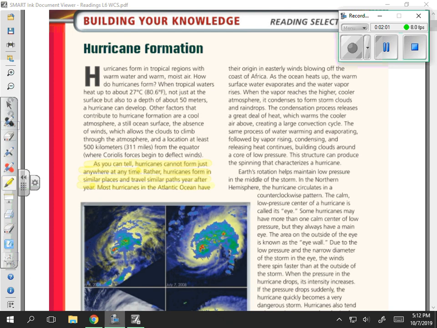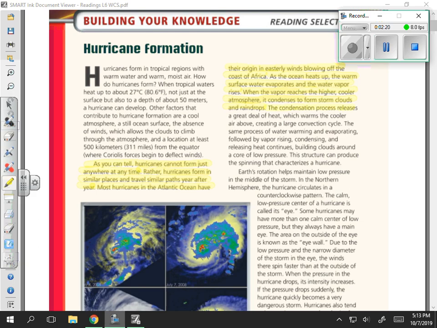Most hurricanes in the Atlantic Ocean have their origin in the easterly winds blowing off the coast of Africa. As the ocean heats up, the warm surface water evaporates and the warm water vapor rises. When the vapor reaches the high, cooler atmosphere, it condenses to form storm clouds and raindrops.